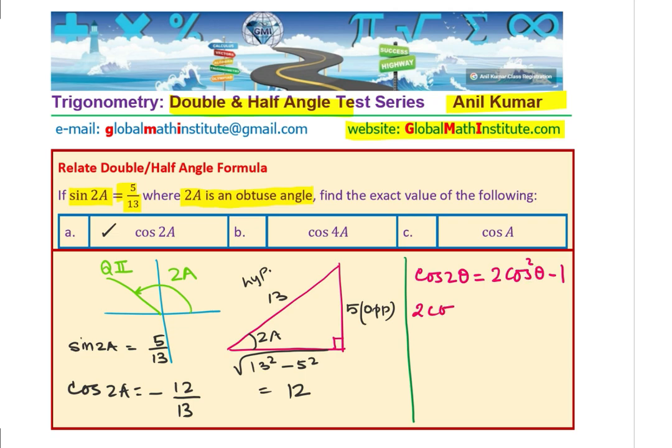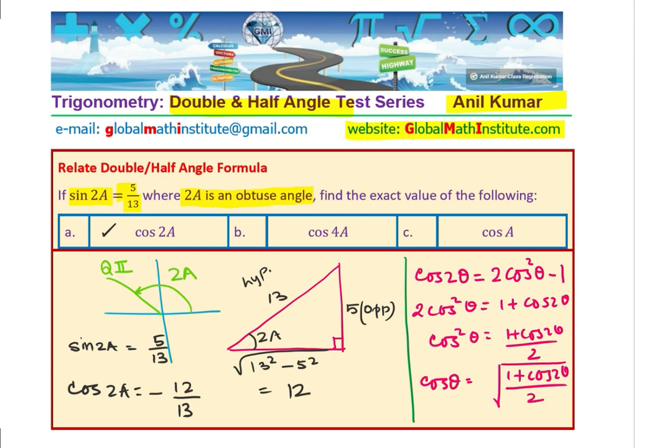You get 2 cos square theta equals 1 plus cos 2 theta. Let me simplify it, divide by 2. So cos square theta equals 1 plus cos 2 theta divided by 2, and cos theta is equal to the square root of 1 plus cos 2 theta divided by 2.